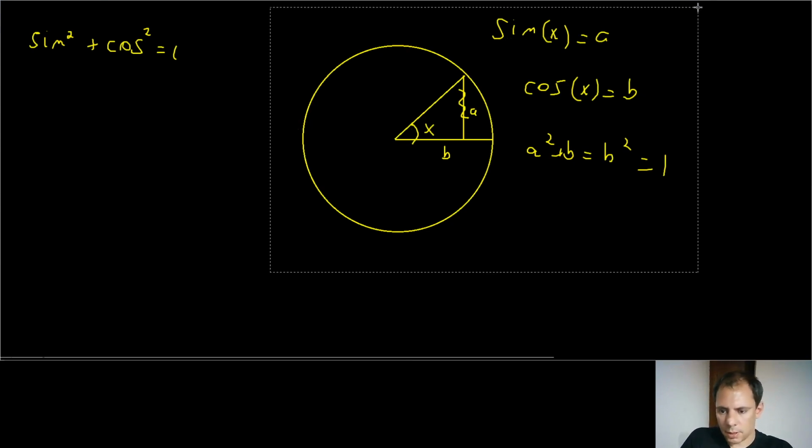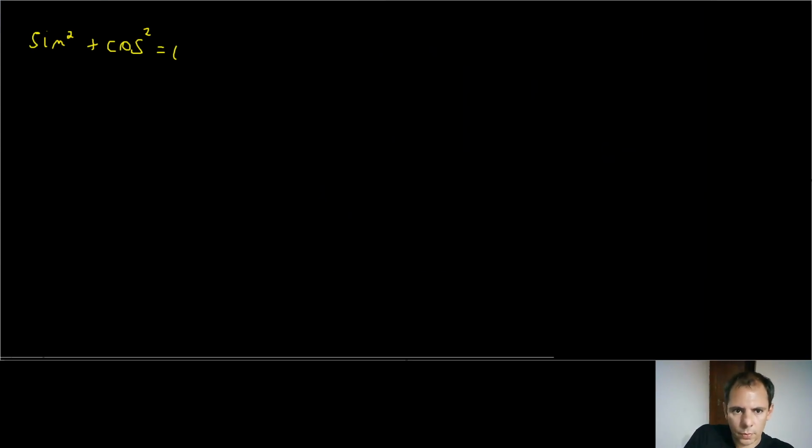All right, now let's think about something else here, which is the hyperbolic. When it comes to the hyperbolic, cosine squared of x minus sine squared of x equals 1. Now let's go after that.